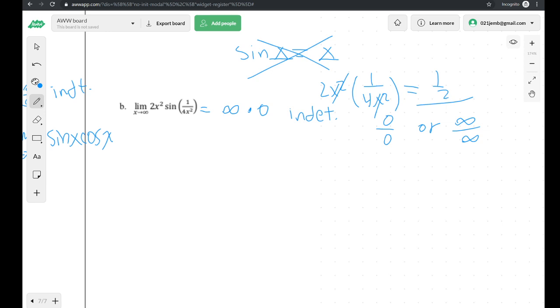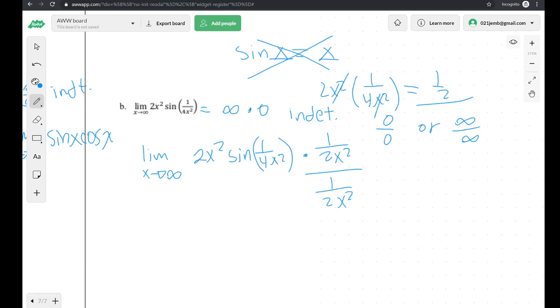One thing that is commonly done to solve this type of limit using L'Hopital's rule is an algebraic manipulation. You say this is essentially the limit as x goes to infinity of 2x squared sine of 1 over 4x squared, multiplied by 1 over 2x squared and divided by 1 over 2x squared, essentially multiplied by 1.